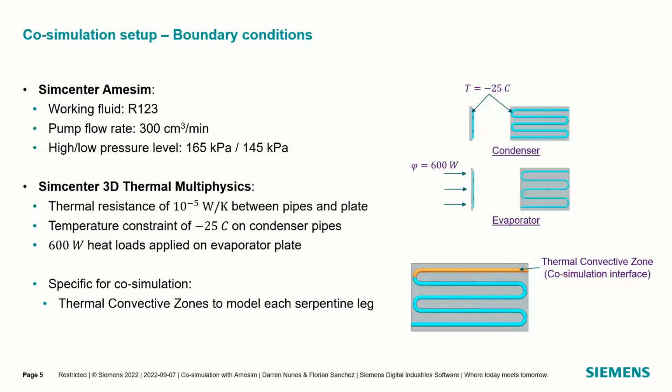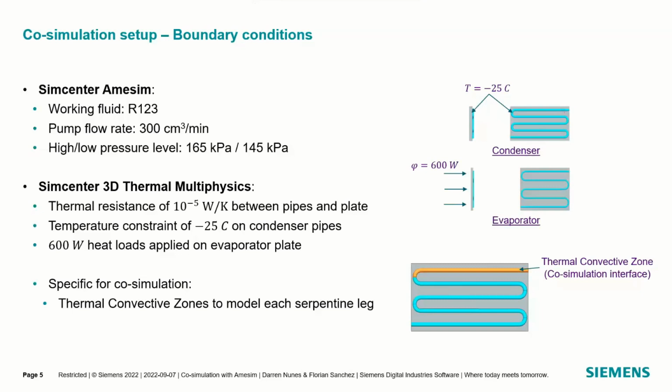Then what we had to define, and what really matters for the heat transfer, is the thermal resistance between the pipes and the plate for both the condenser and the evaporator. Then we followed the boundary conditions of the paper to have a baseline to compare the results we were obtaining. So we defined temperature constraints on the condenser pipes of -25°C.